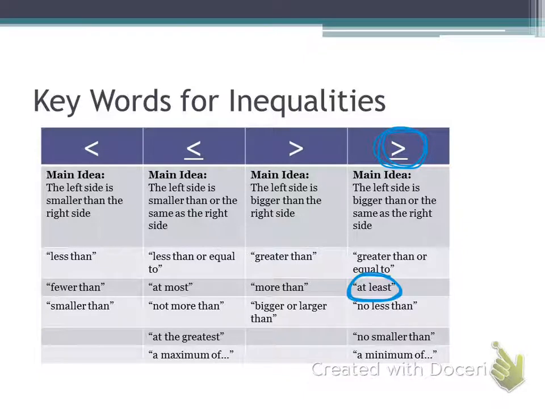If it said a maximum of, it means I would use that symbol. I'm going to tell you right now though, generally it's usually that one. Sometimes it's that one, but most of the time that's going to be the symbol.